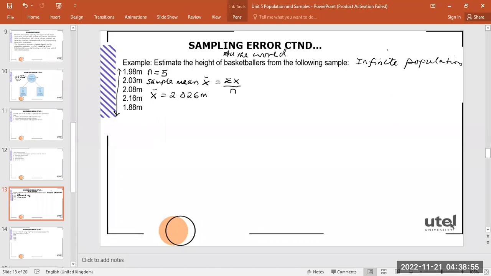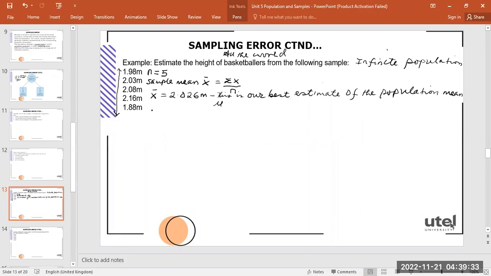So in other words, this is a sample mean. Now, having gotten this, this is our best estimate of the population mean. So in other words, this is our best estimate of the mean height of all the basketballers in the world.